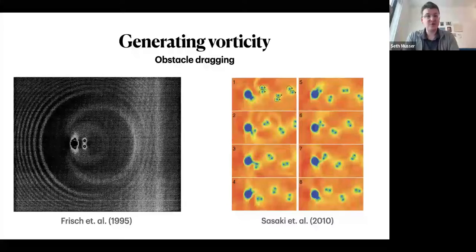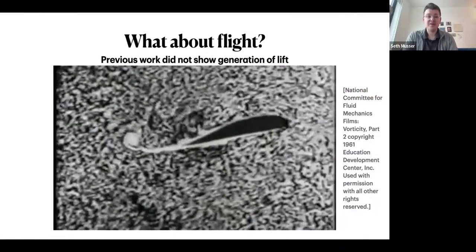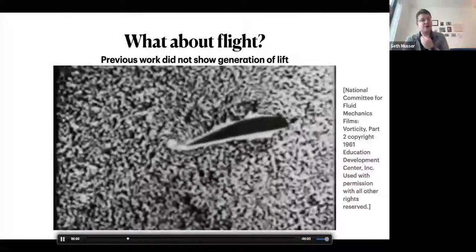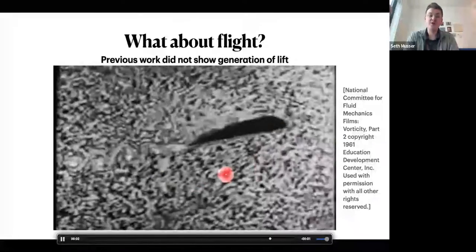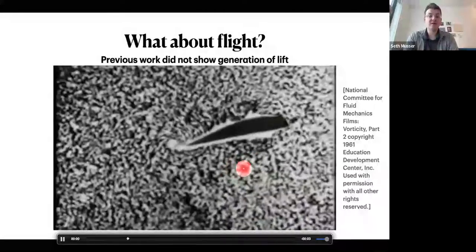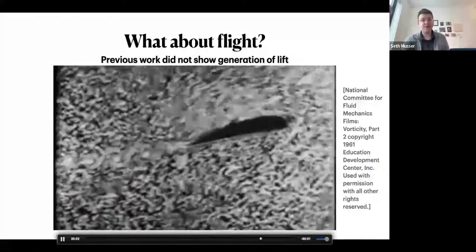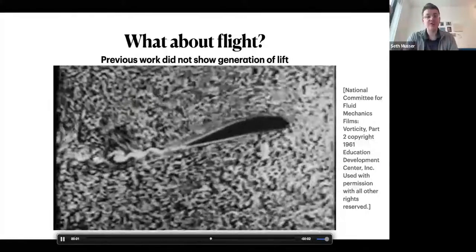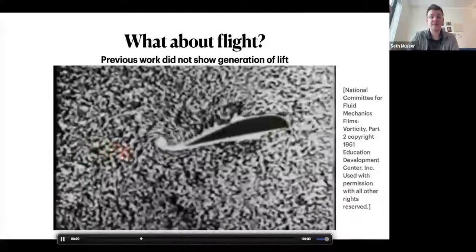So that led to a natural question for us. What about flight? This is a classic movie made, I think, in the 60s as part of some fluid dynamics education. And you have this foil which is suspended in water, and all of these particles allow you to trace the velocity. So as you drag the foil, you generate this single vortex at the back that looks a lot like our vortices in a superfluid, although of course its vorticity isn't quantized.